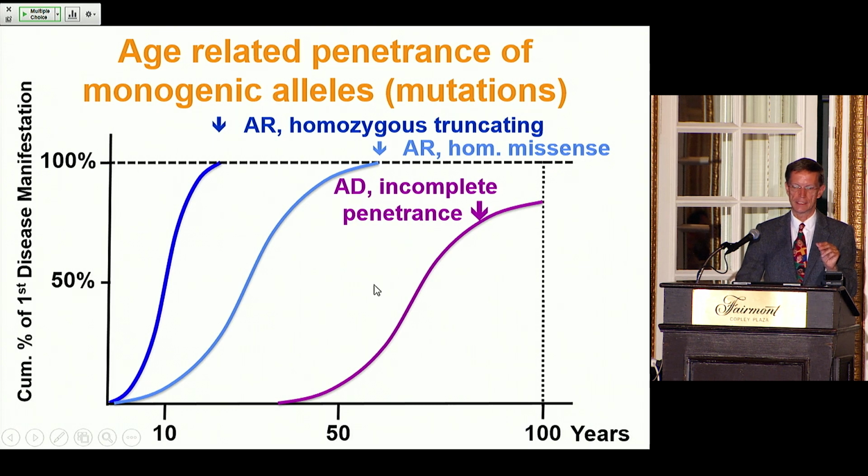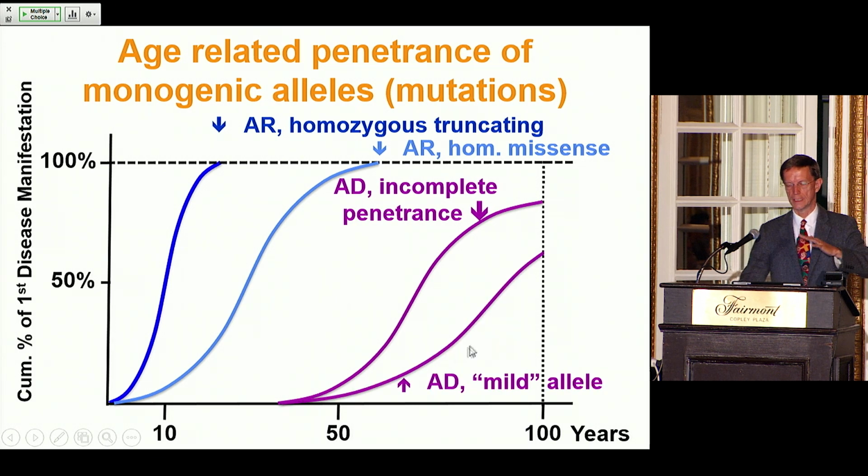But again, there is genotype-phenotype correlation, where mild mutations may shift this curve over to the right so that some patients may not live to see the onset of their disease, luckily. Now, I don't want to confuse you. Mendelian disorders are beautifully simple. Recessive means you have to have both copies mutated before disease occurs, and heterozygotes, as a rule, remain healthy. Alport is a big exception.